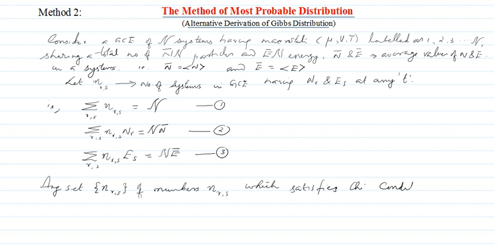Constraints are nothing but limiting conditions. Conditions 1 to 3 is one of the possible distributions of energy and number.